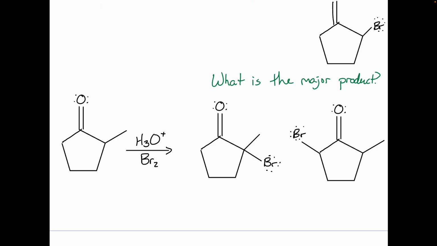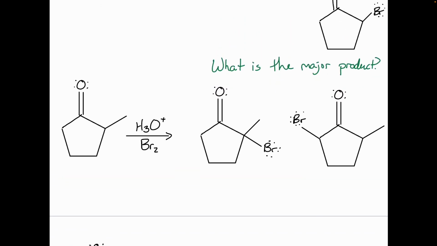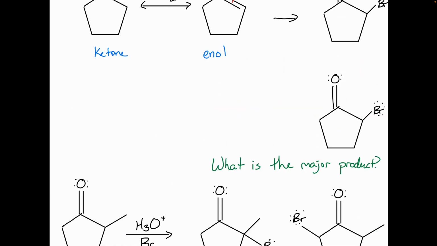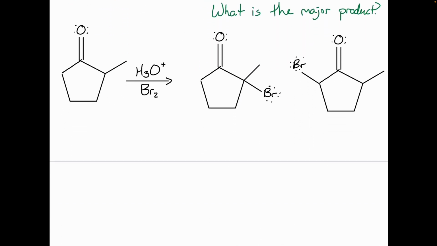All right, now bromine itself does not have a preference for a more substituted carbon or a less substituted carbon. These carbon-bromine bonds are the same strength regardless, okay? So in order to figure this out, we're going to have to first draw our two possible enols, just like we did up here, where the first step was to draw those enols.